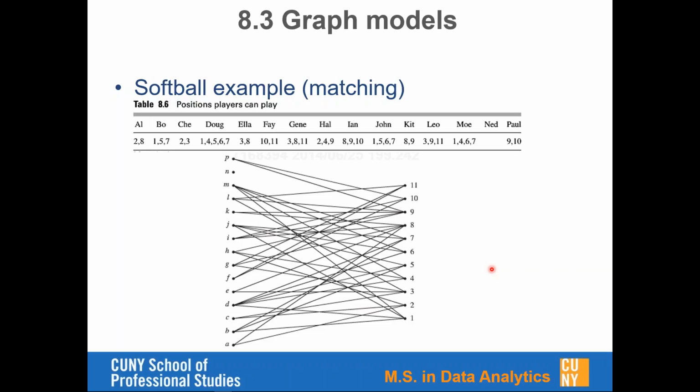So in some cases, if we say that okay, A plays 2 better than position 8, then we can use a lower cost between node A and node 2, so that when we model the problem, it can be solved using a certain cost structure, trying to minimize the objective function. We would be able to find a solution that solves the problem in a better way. That's the example of the solvable matching problem.